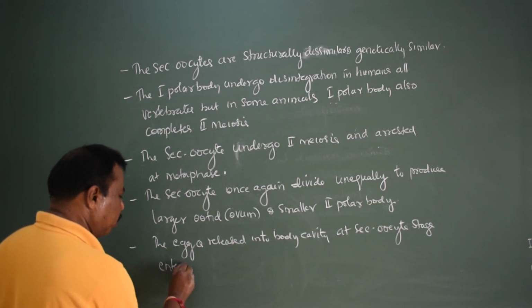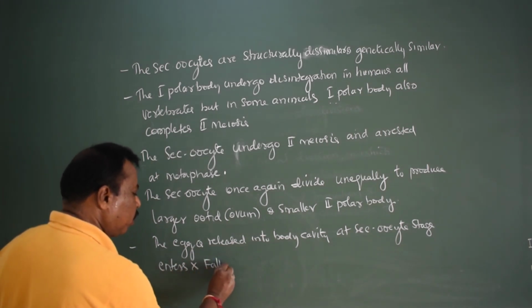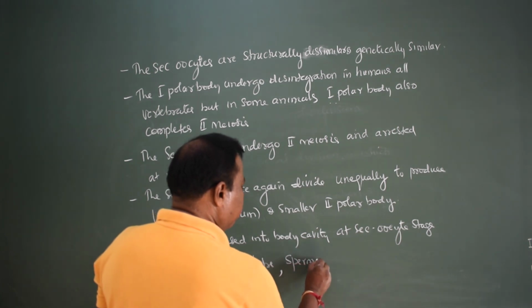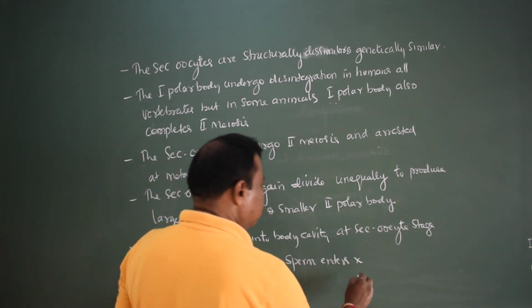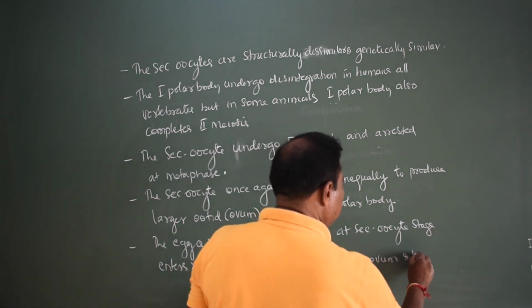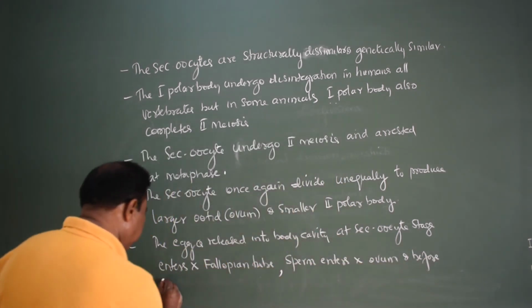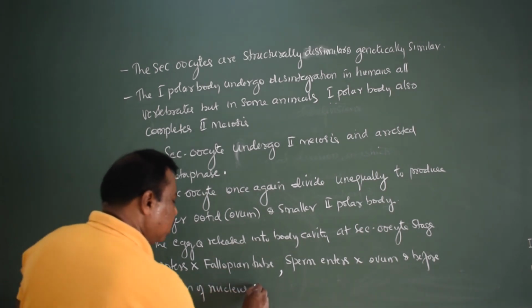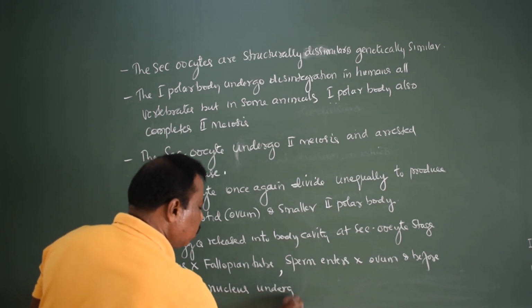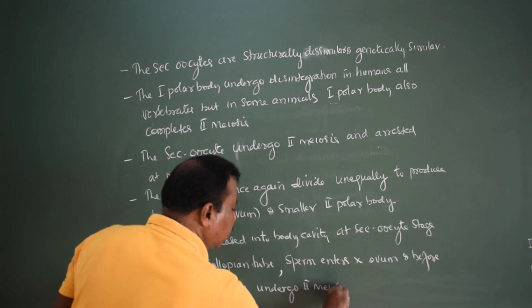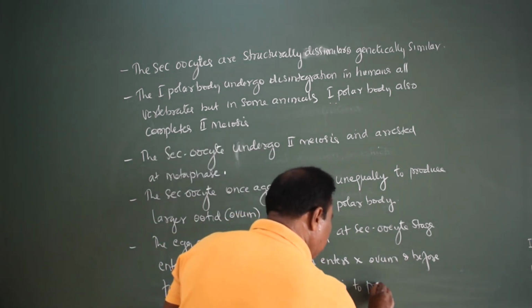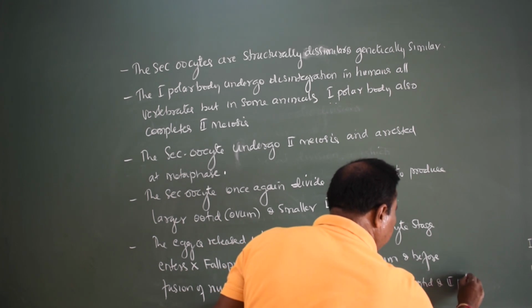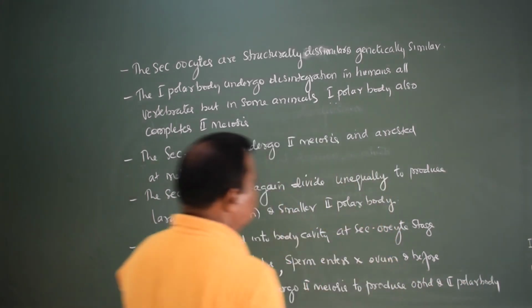It enters into the fallopian tube. The sperm enters into the ovum, and before fusion of nuclei, it undergoes second meiosis to produce the ootid and second polar body.